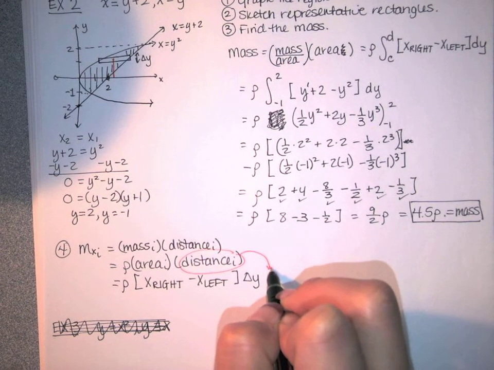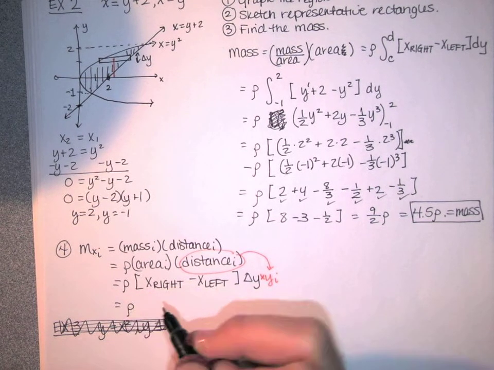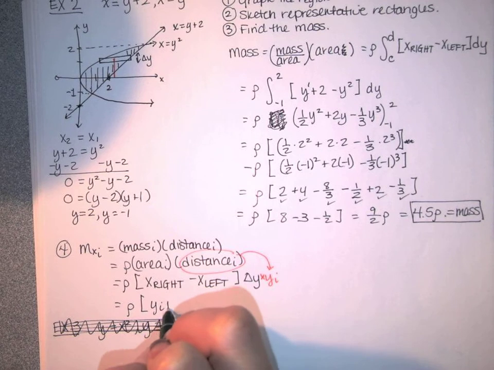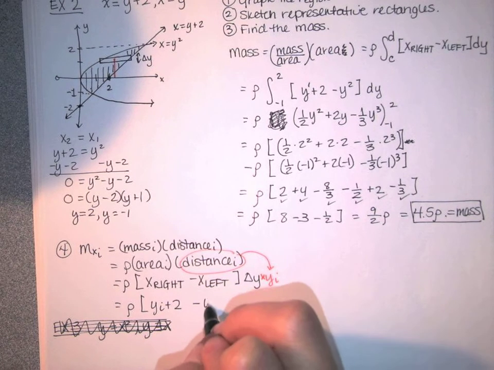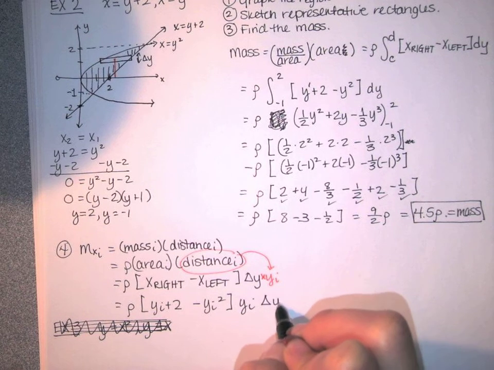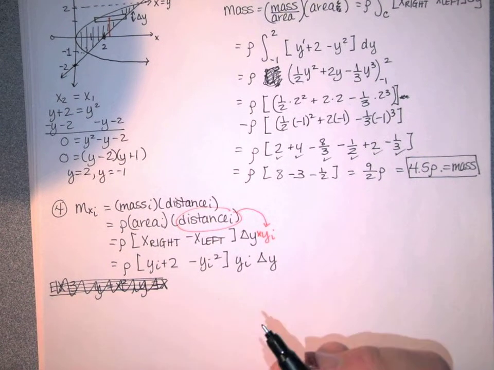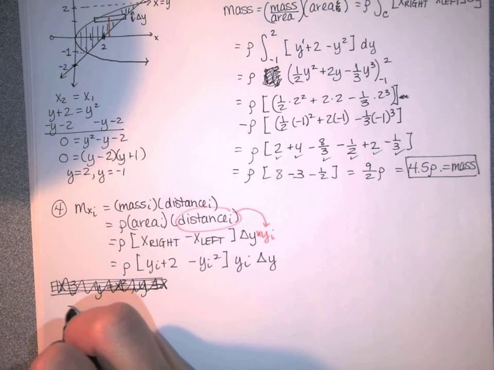So this is just y sub i. I'm multiplying by that. That's not an x. Okay, so I've got x on the right, which is y sub i plus 2, minus x on the left, which is y sub i squared, multiplying by y sub i, multiplying by delta y. All right, so that's my moment about the x-axis.